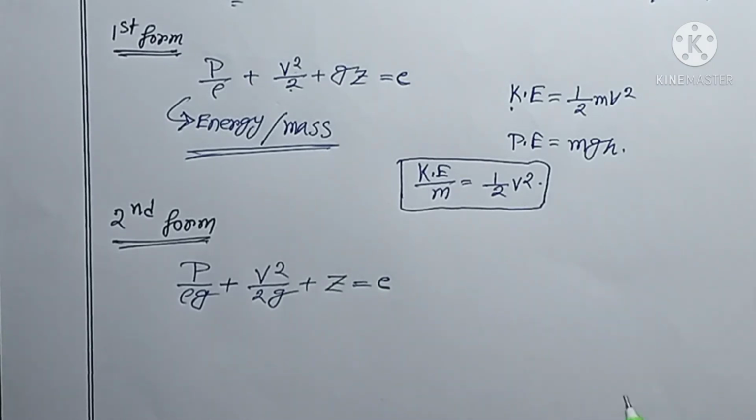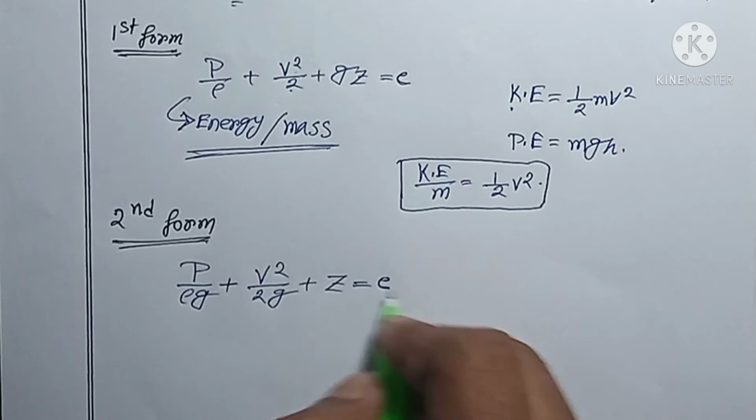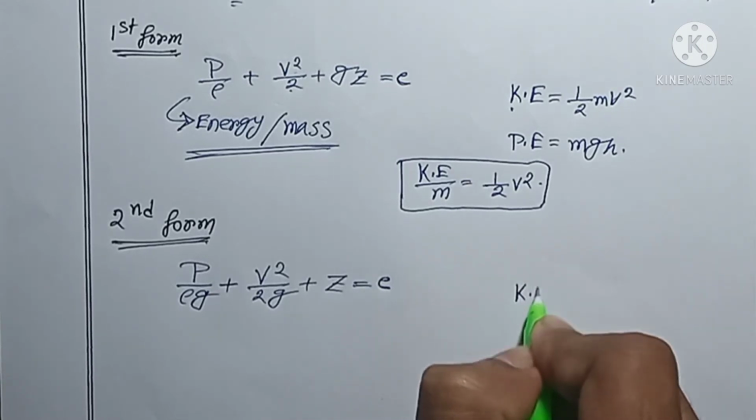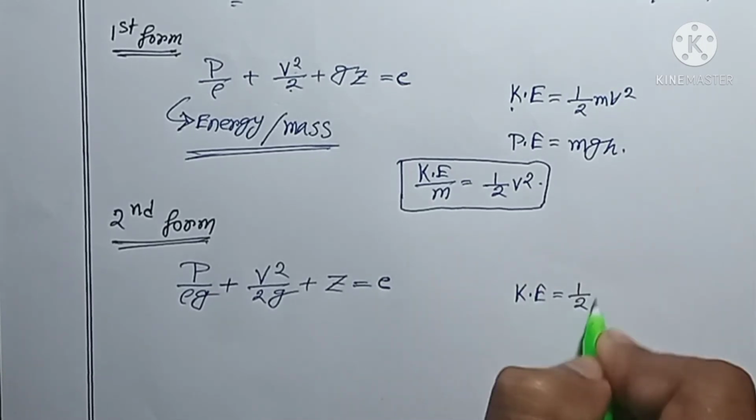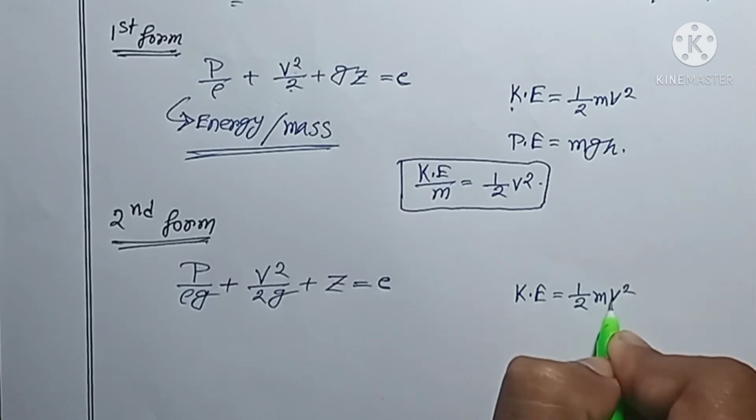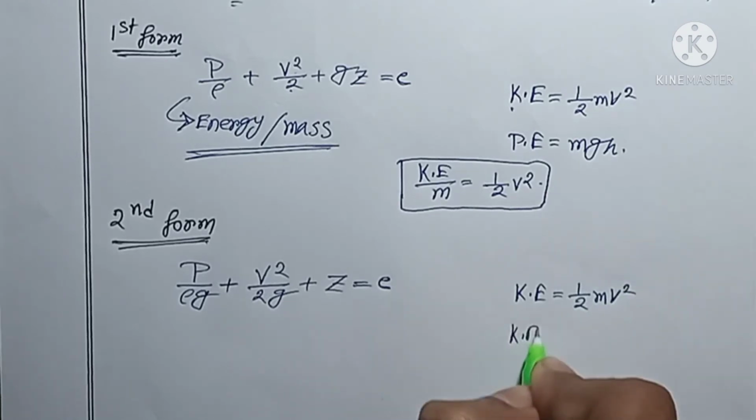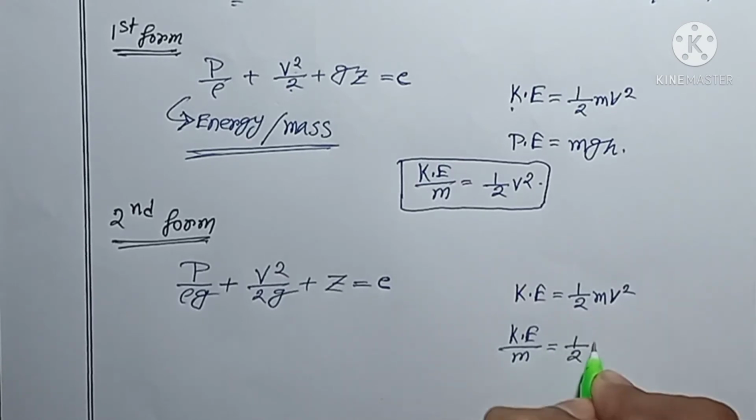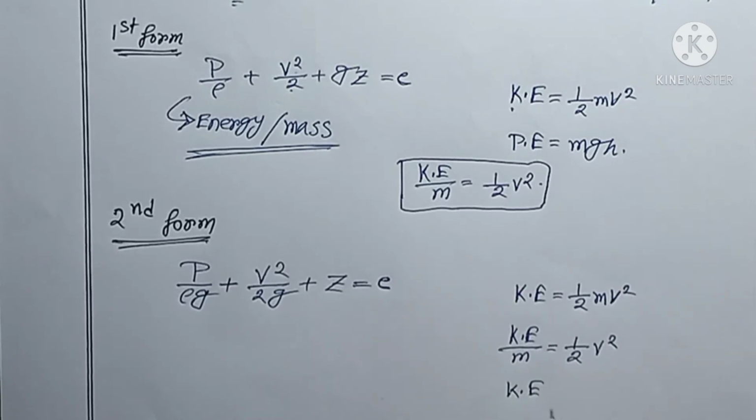Again, if you take a look, we already have kinetic energy as half m v square. If you write kinetic energy per unit mass, then we get half of v square. Again, by dividing by g, you will get v square by 2g.